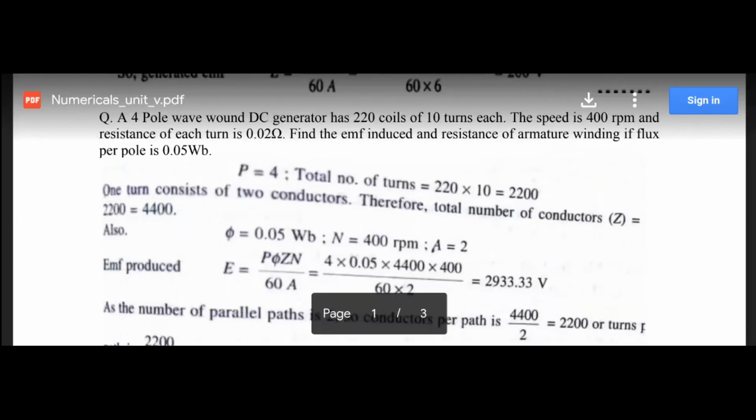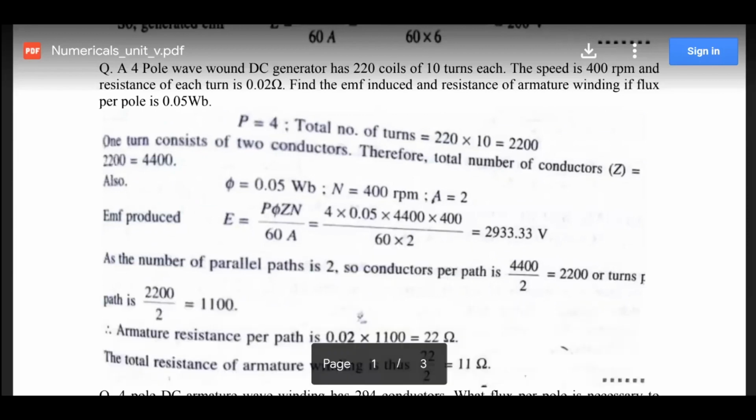Now in the next question, a 4-pole wave wound generator has 220 coils of 10 turns each, and speed is 400 rpm. Resistance of each turn is also given as 0.02 ohms, and we have to find the EMF induced and the resistance of the armature winding if the flux per pole is 0.05 Weber.